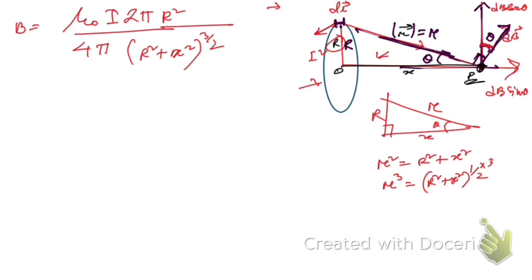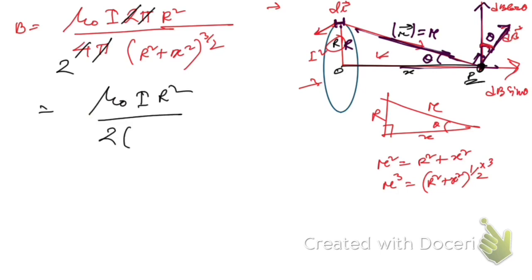And if you want to cancel, you can cancel. You can write this way also, mu naught I R square by 2 times R square plus x square whole to the power 3 by 2. And if this coil consists of capital N number of turns, then you have to multiply capital N here.